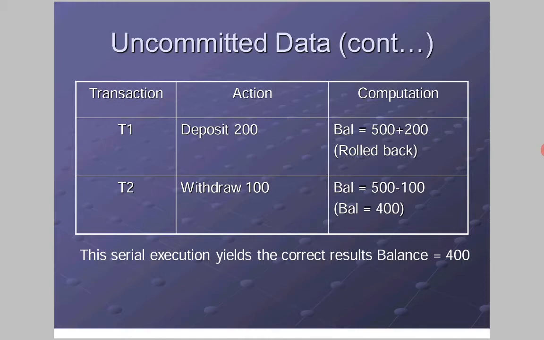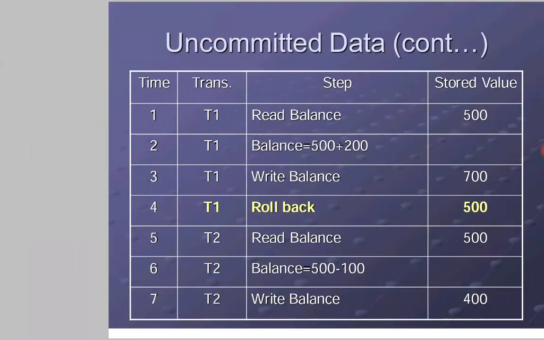Next is uncommitted data continuation. Here is the example. Transaction T1, action is deposit 200, computation balance is 500 plus 200, then rollback. T2 withdraw 100, so balance is 500 minus 100, balance is 400. Thus this serial execution yields the correct result, balance 400.